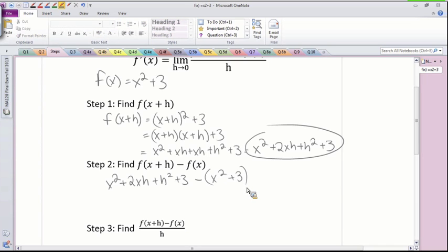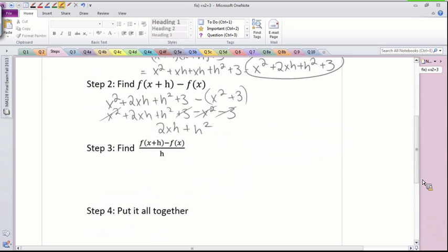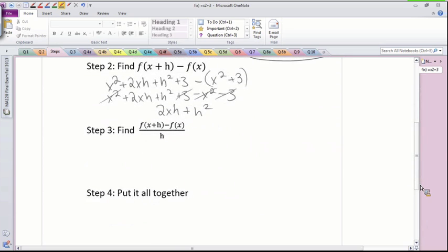So parenthesize. That way it becomes x squared plus 2xh plus h squared plus 3 minus x squared minus 3. I'll combine like terms, which in this case cancel: x squared and negative x squared, positive 3 and negative 3, so we're left with 2xh plus h squared. Okay, so that's the second step done.